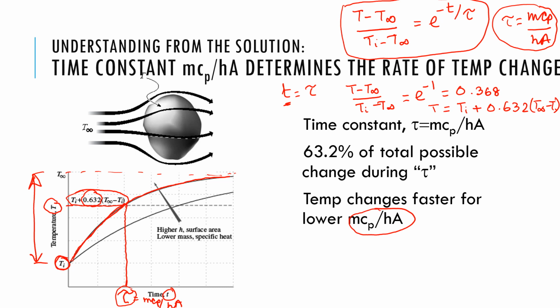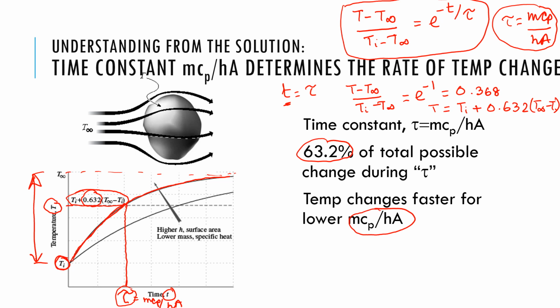So if this value mcp over hA is smaller, then the 63% change will happen in less time, which means temperature is changing faster.